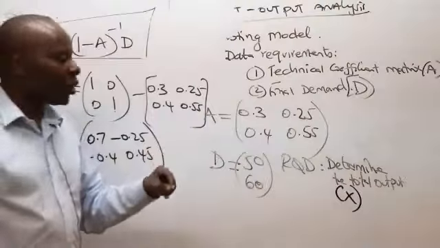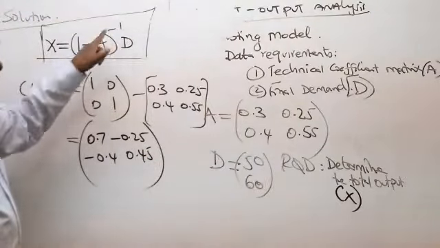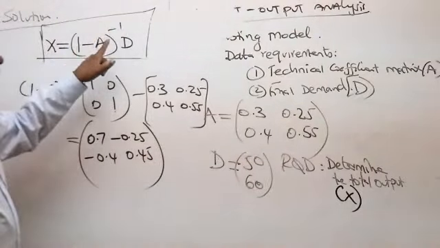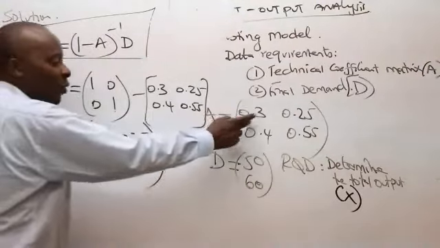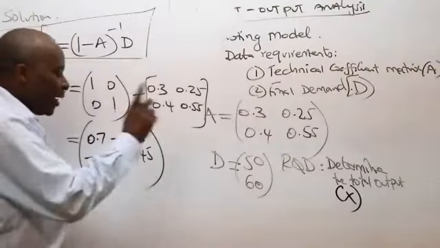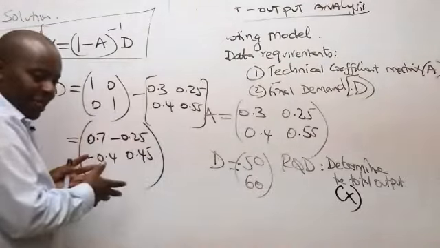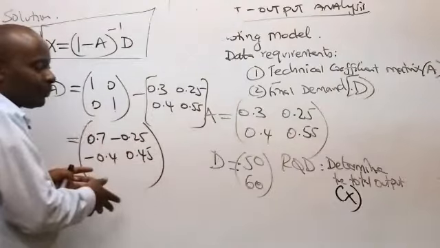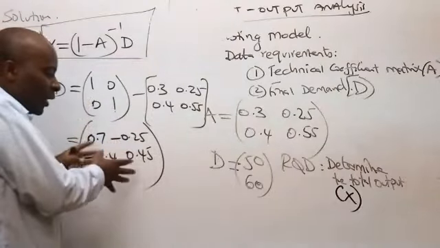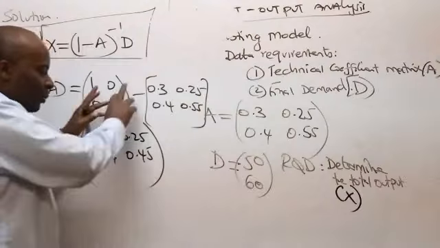Thank you very much. Because this raised to minus 1 means inversion. So remember, we are not getting the inverse of A, we are getting the inverse of I minus A, the result of our subtraction here.